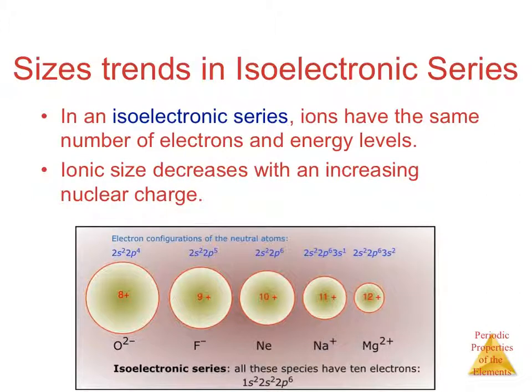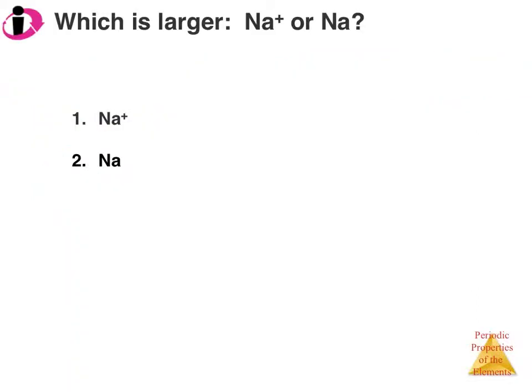Okay, so in an isoelectronic series, ions have the same number of electrons and the same number of energy levels, and in general, ionic size will decrease with increasing nuclear charge. Okay, number of protons.